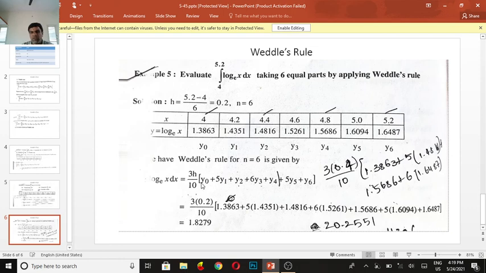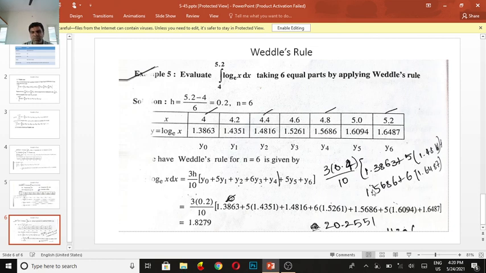Substituting 3 times 0.2 divided by 10 of y0 is 1.3863 plus 5 times y1, 1.4351, plus y2, 1.4816, plus 6 times y3, 1.5261, plus y4, 1.5686, plus 5 times y5, 1.6094, plus y6, 1.6487.